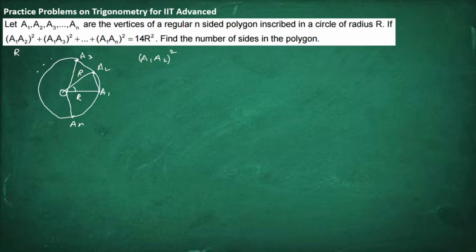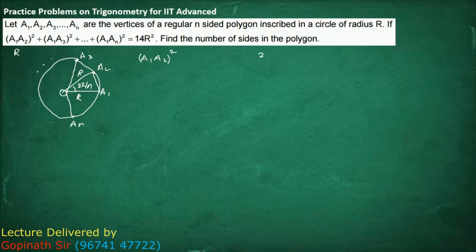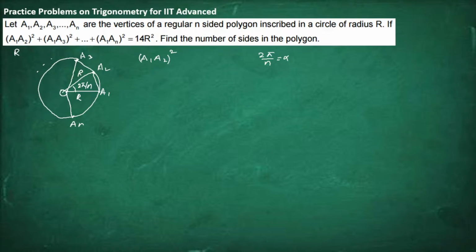Because there are n sides of the polygon, this angle will be 2 pi by n. For our convenience, let me denote 2 pi by n as alpha. So this angle A1OA2 is nothing but alpha, which equals 2 pi by n.